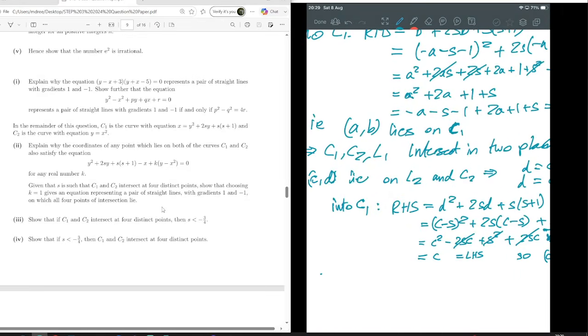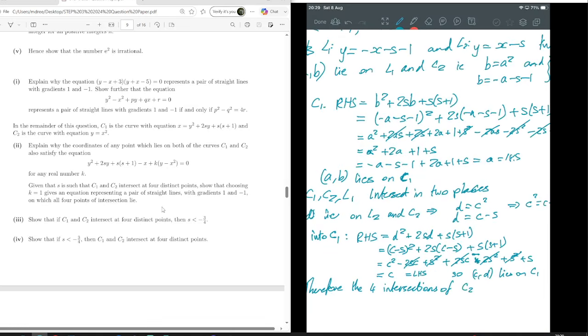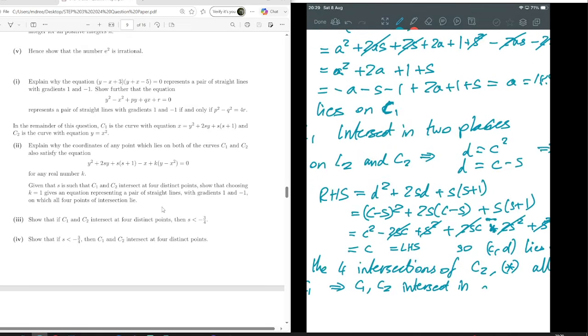So let's put this all together. So therefore, the four intersections of C2 and star all lie on C1, which means that C1 and C2 intersect in, and really I should say, at least 4 places, but star implies at most 4 solutions.